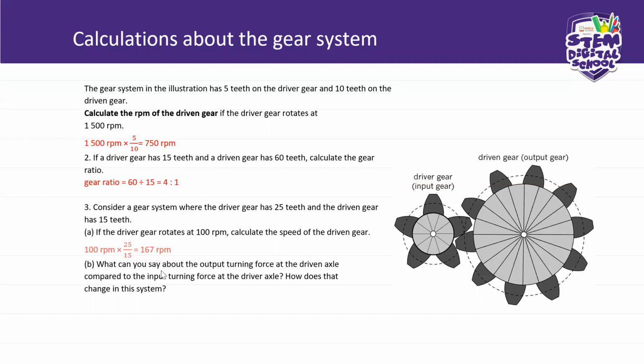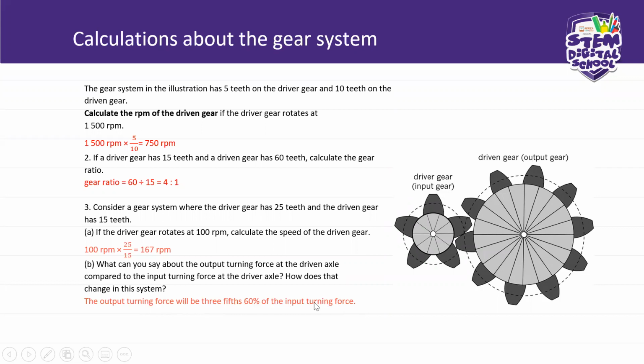What can you say about the input turning force at the driven axle compared to the input turning force at the driver axle? How does that change in this system? Okay. So the output turning force will be 3/5, 60% of the input turning force.